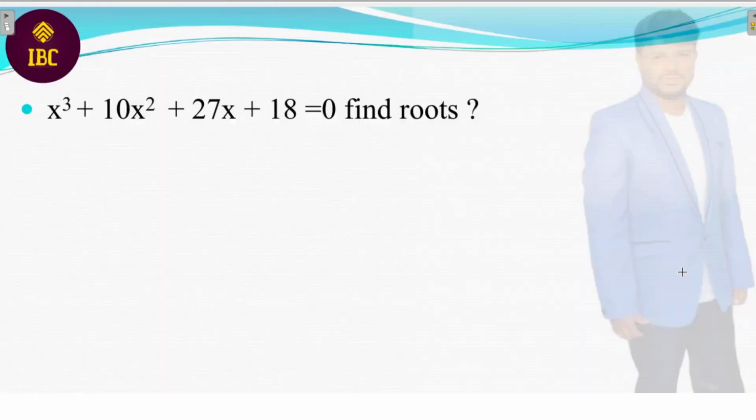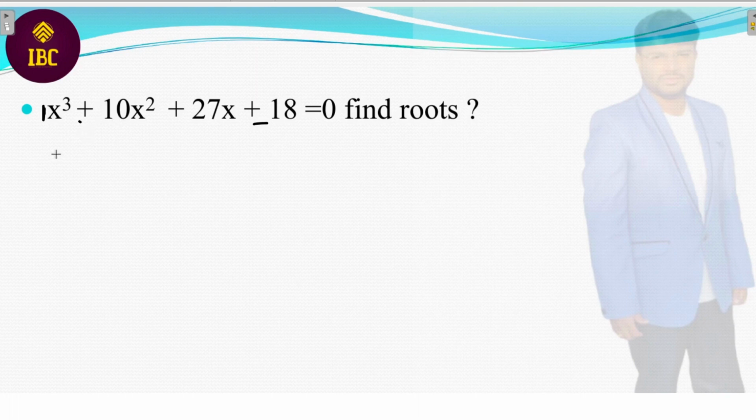Let's take one more question. If you take this question, you will understand how to solve such questions easily. I told you the first rule to solve a cubic equation: the coefficient should be 1. Anyway, it is 1, so the first condition is satisfied. The second condition: this number should be minus, but here I have plus.